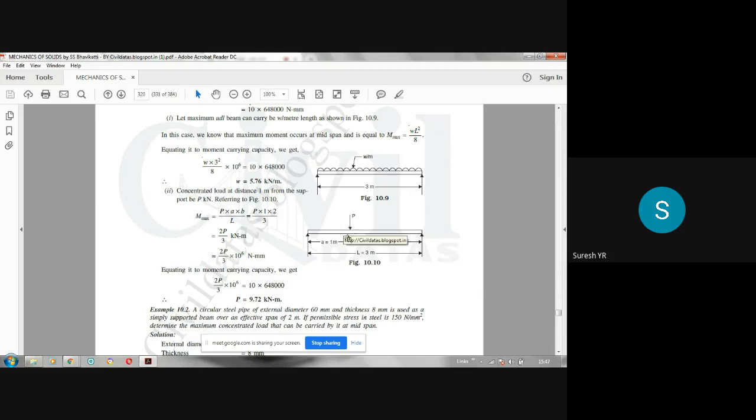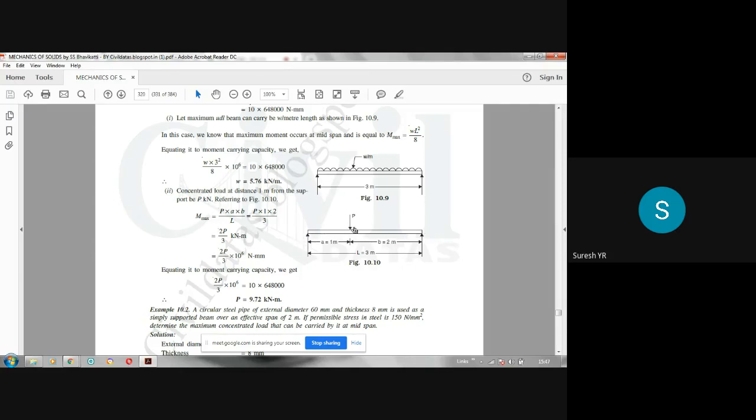The meaning of this is that you can apply only up to 9.72 kilonewton load. If the load is more than that, then the maximum bending moment will be more and the moment of resistance will be less. When the moment of resistance is less, the beam fails. So this is the maximum load it can carry, and the stresses are within 10 Newton per mm square.